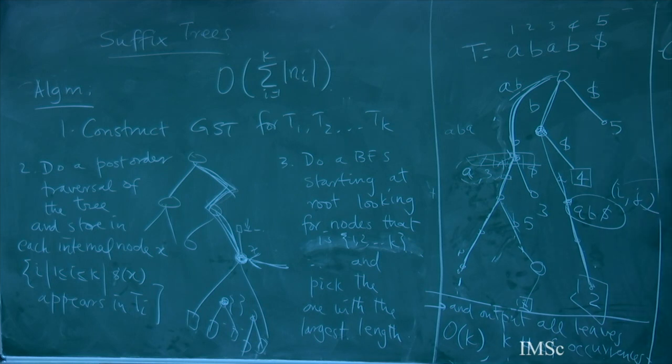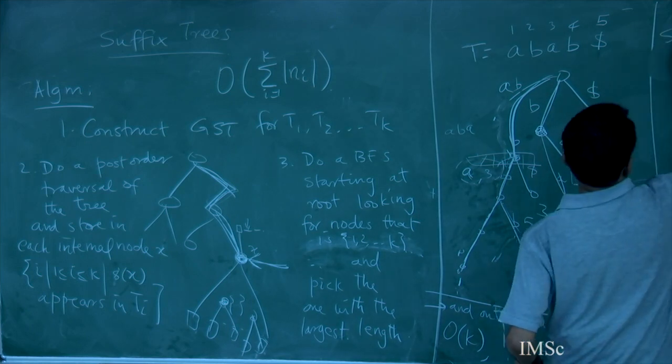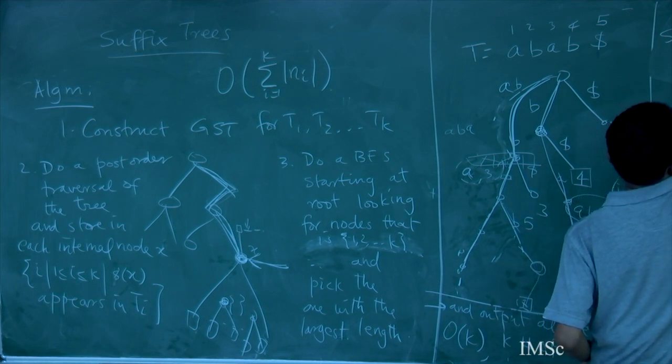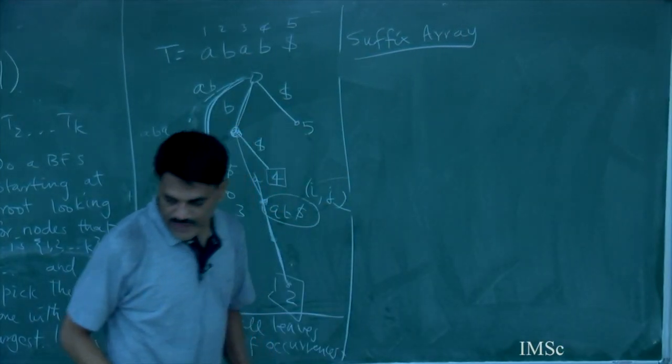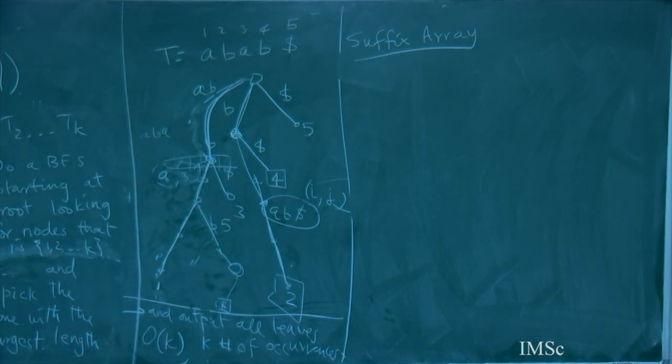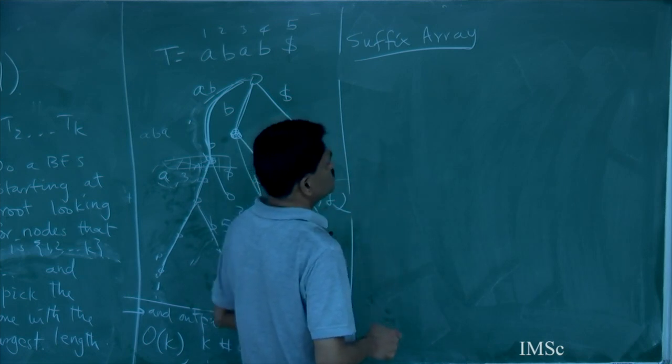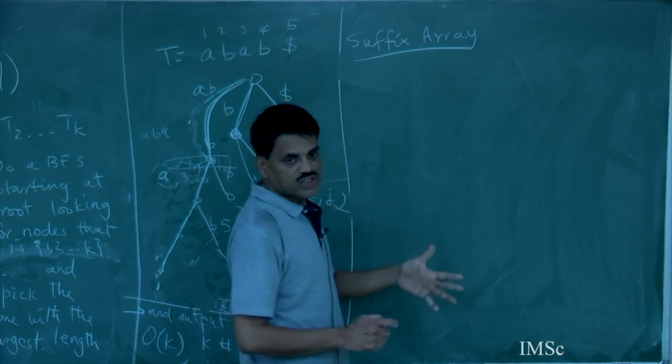Okay. Another related data structure for string matching is the suffix array. We'll get to that. So, a suffix array is just a permutation of 1 to n.